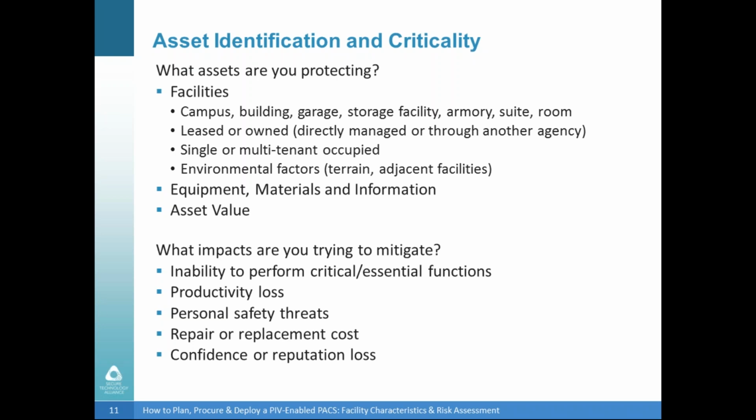Is it unique, or is it one of many? All considerations. Loss of an asset may also result in the inability to perform mission critical or essential functions, loss in productivity, personal safety threats, unplanned repair or replacement cost, as well as potential loss in confidence or reputation. Next slide, please.